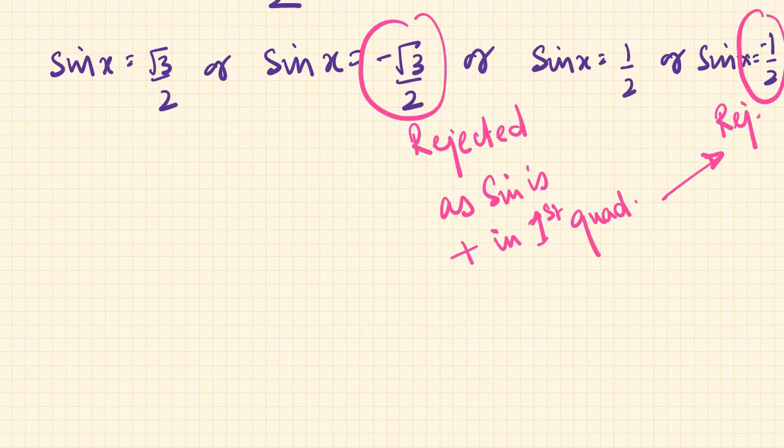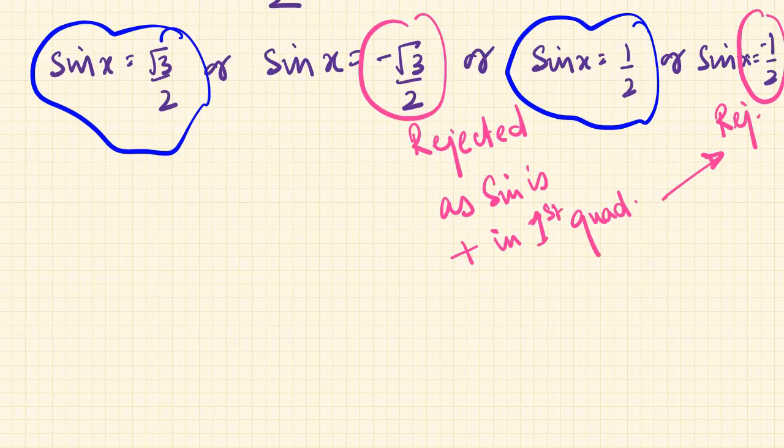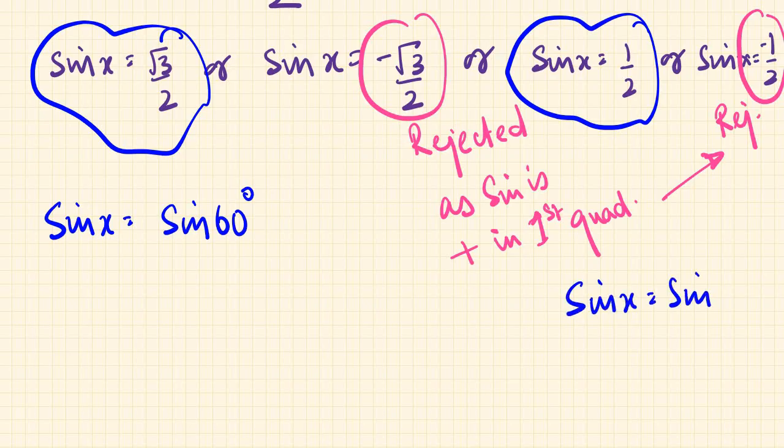Now, remaining this and this: sine x is equal to sine 60 degree. Here, sine x is equal to sine 30 degree, which both come in because x lies between 0 and 90, so they are satisfying it.